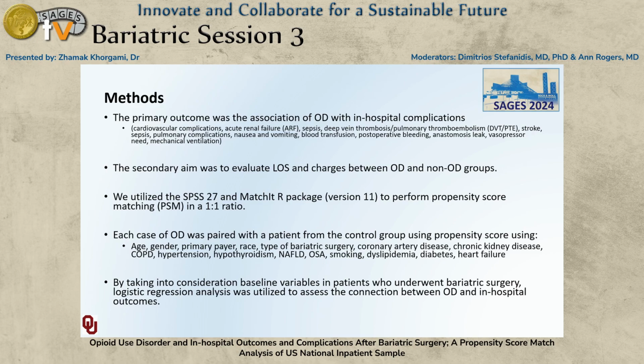For the primary outcome, we looked at all the complications, so we pulled all the ICD codes for all possible complications and made new variables. We also looked at length of stay and charges. We used SPSS and also R for a matched analysis. Each case of opioid use disorder was matched with another from the control group based on all demographics and comorbidities, so that all baselines were matched together.